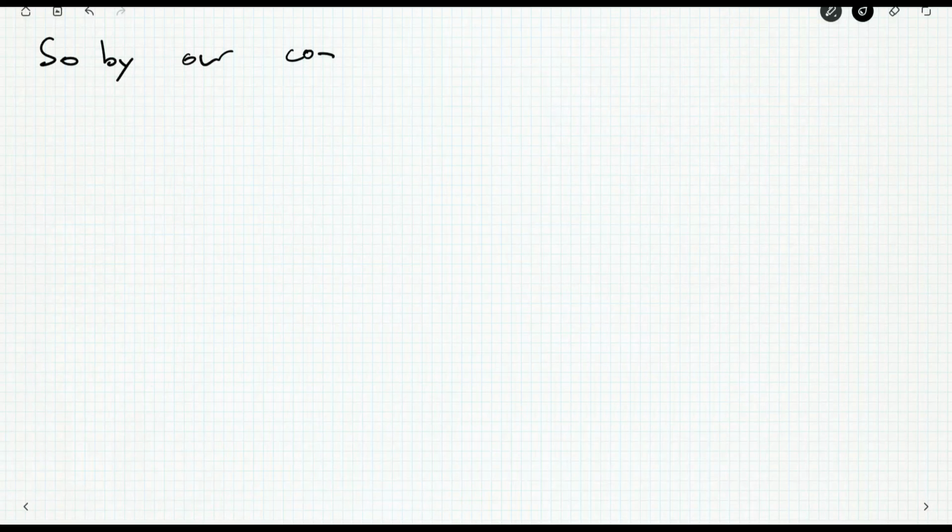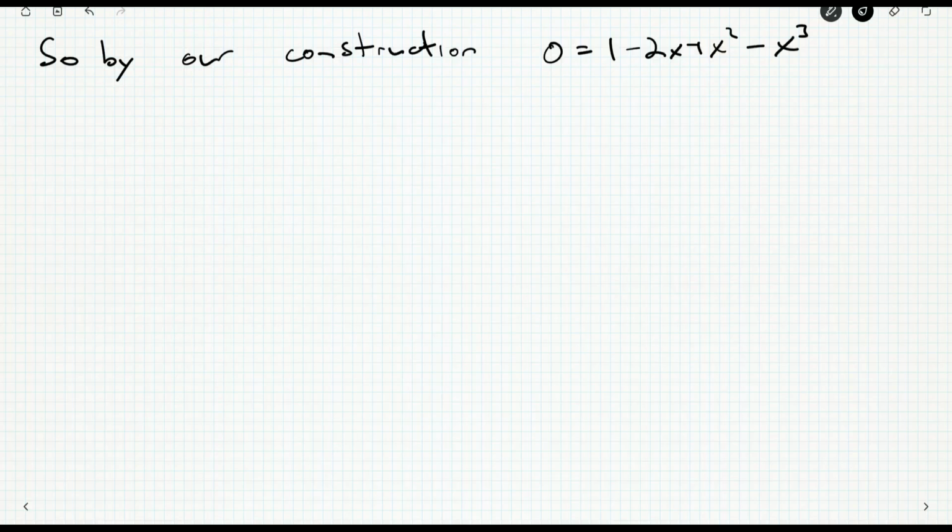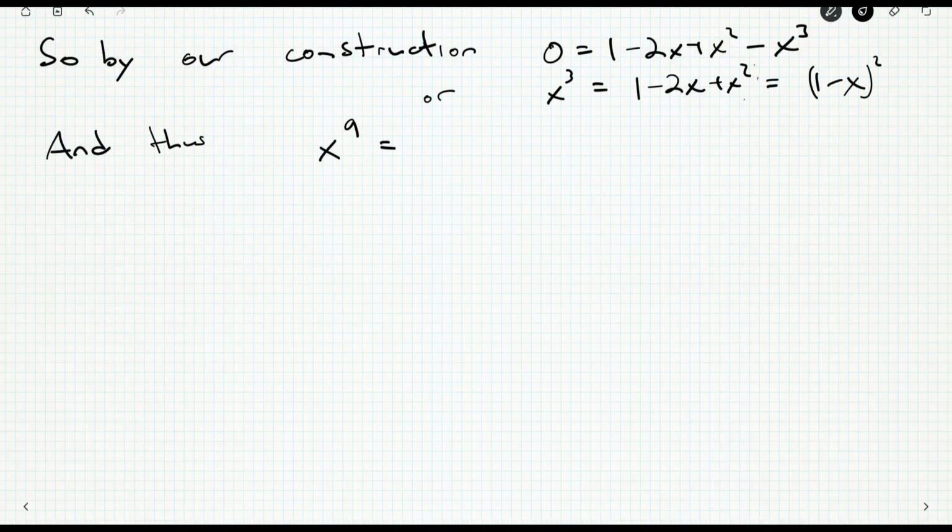So by our construction, 0 is 1 minus 2x plus x squared minus x to the 3. Or rather, x to the 3 is 1 minus 2x plus x squared, which is equal to (1 minus x) all squared. And since that's true, then we can cube both sides.